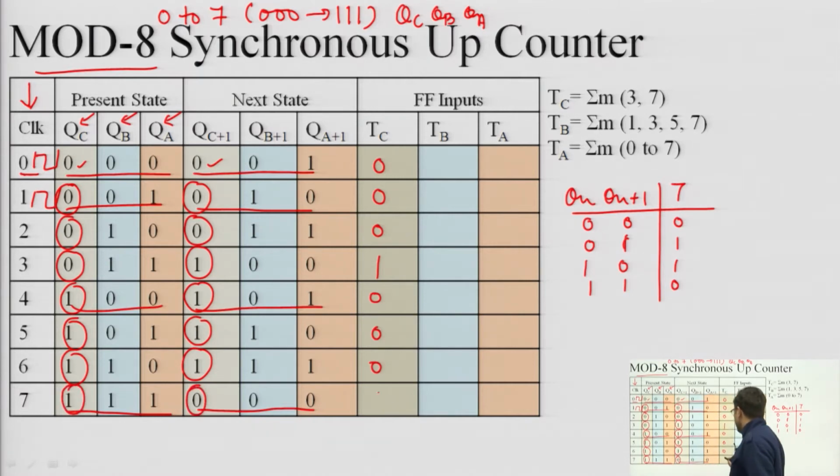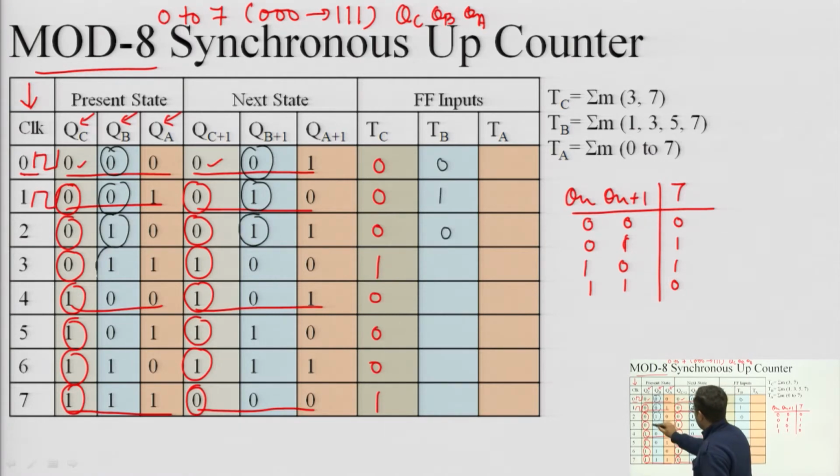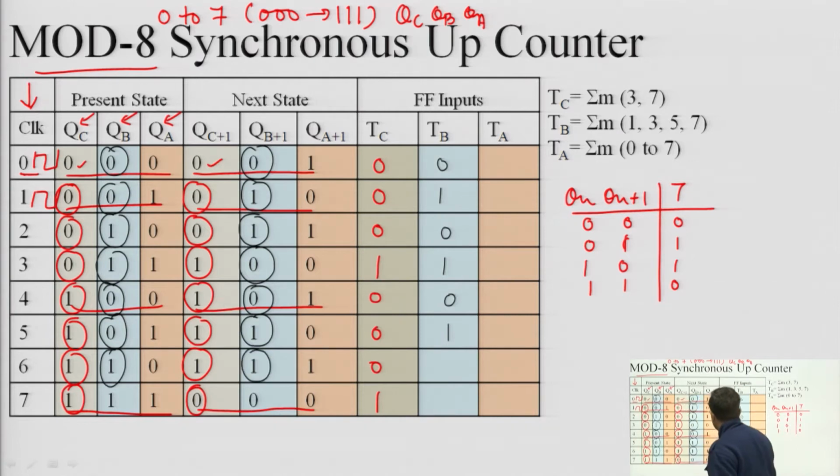Similarly, we can prepare TB: 0 0 0, 0 1 1, 1 1 0, 1 0 1, 0 0 0, 0 1 1, 1 1 0, and 1 0 1.